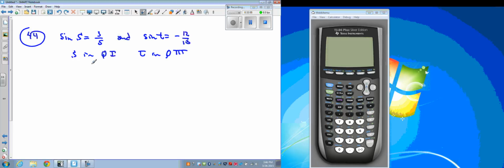So you can figure it out like this. And if you did the cosine for this one, you could do cosine squared t plus sine squared t equals 1, so that cosine t is going to equal, and this is in the third quadrant, right?